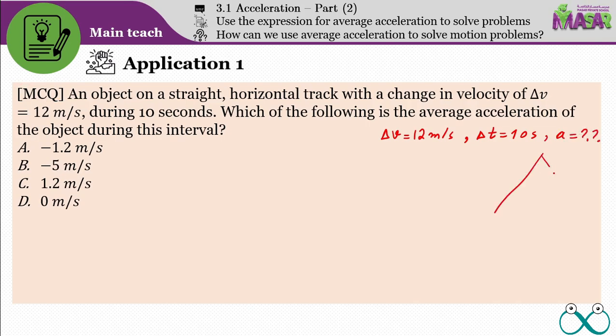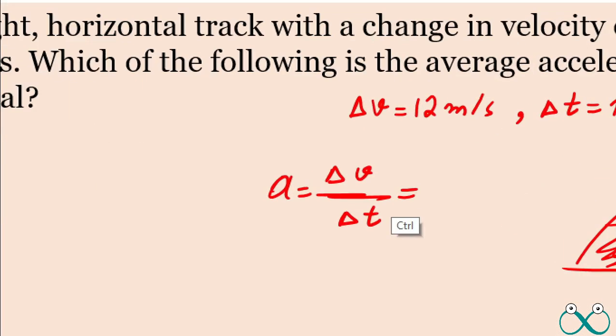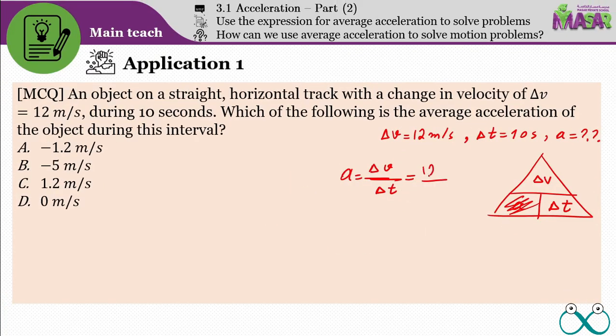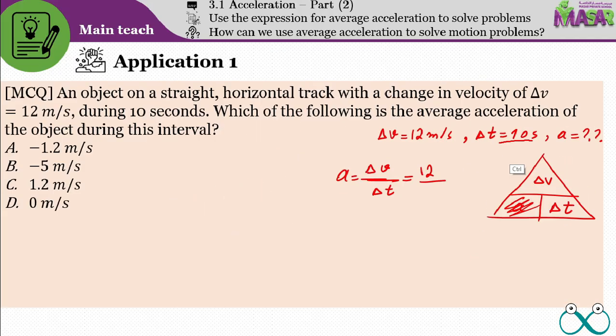In order to find a, let's construct the relationship among a, delta v, and delta t. Since we are looking for a, we should hide a. As a result, the expression will be delta v over delta t, which is equal to 12 over 10.